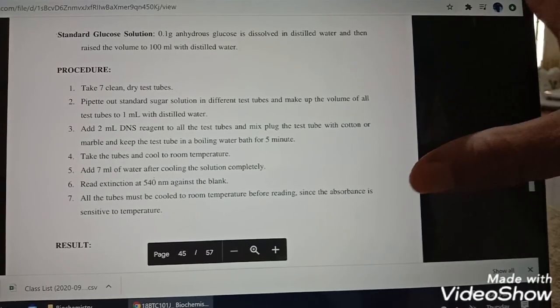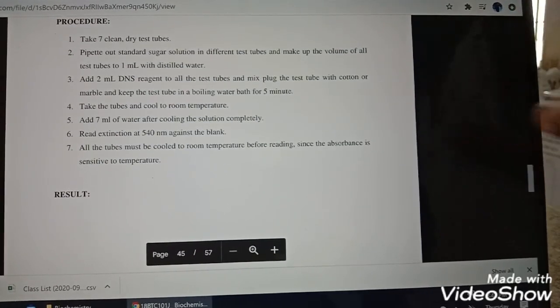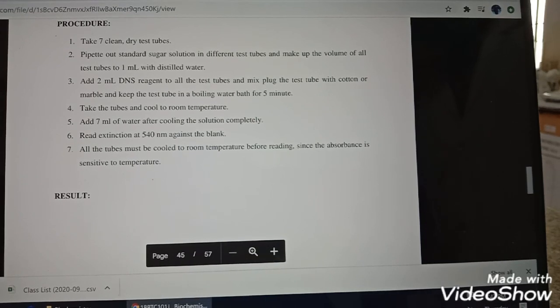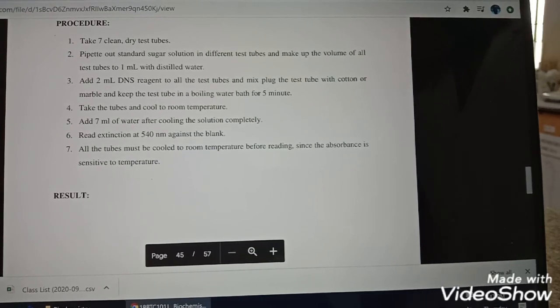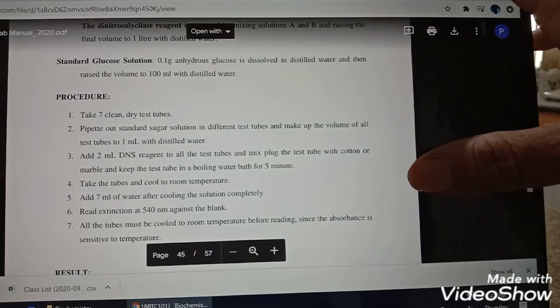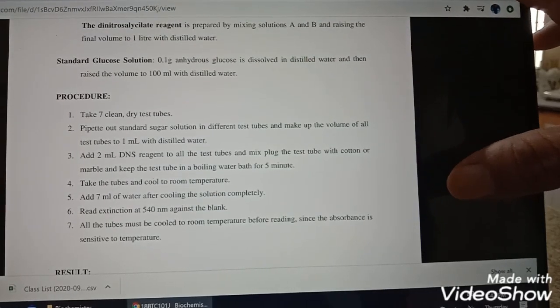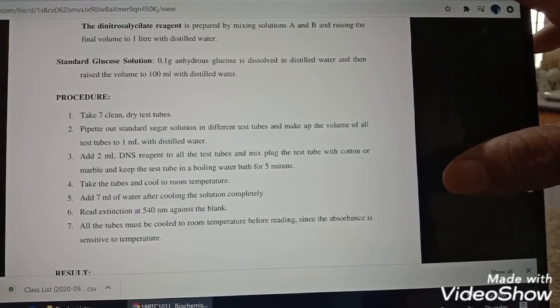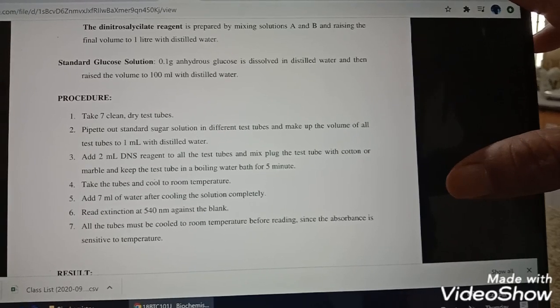So how to do this? Take 7 clean dry test tubes and pipette out the standard glucose, at 1 mg per ml concentration, or 0.1 grams in 100 ml, that is 100 mg in 100 ml.